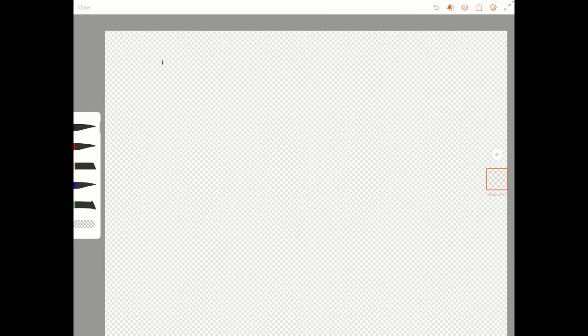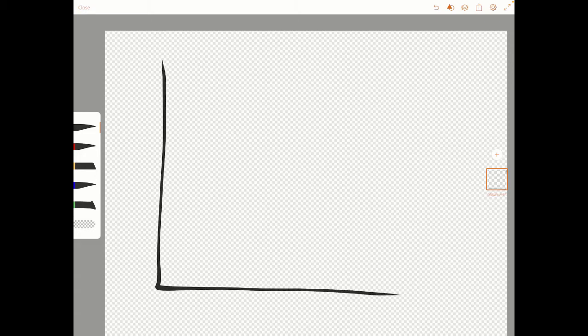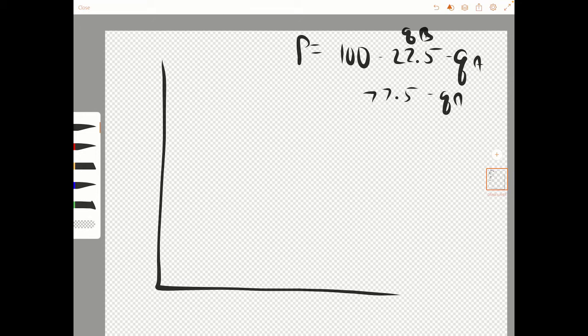And so Airbus, so again, this is firm A and their demand curve. Here's what they're facing. Their demand curve is P is equal to 100 minus 22.5, that's quantity B, minus quantity A, what they would produce. So this is 77.5 minus QA, which means our intercept is 77.5 up here.